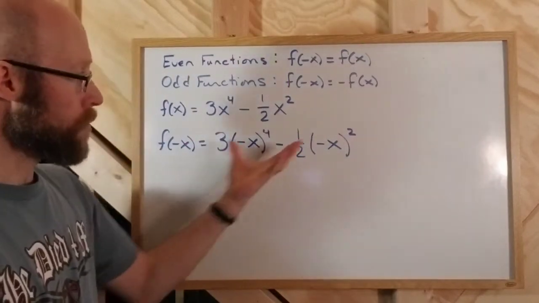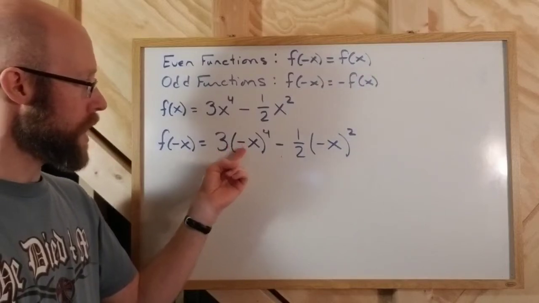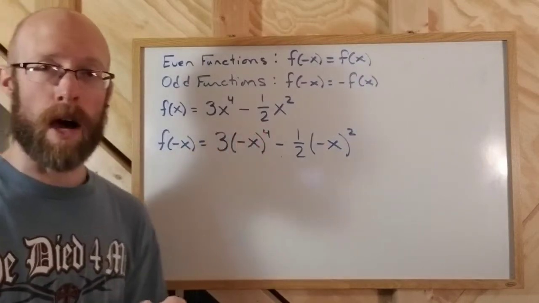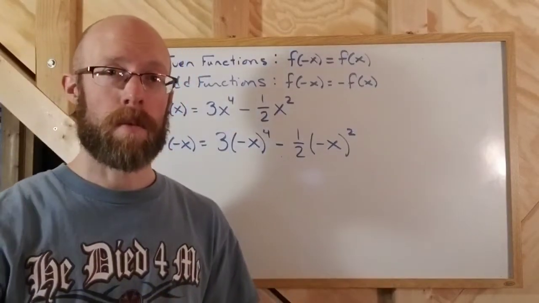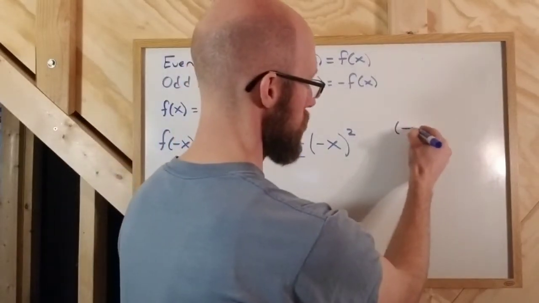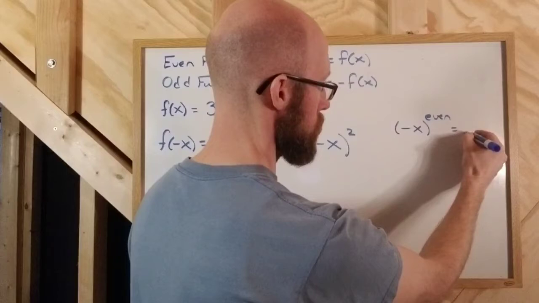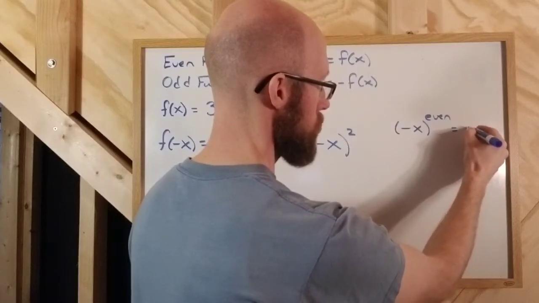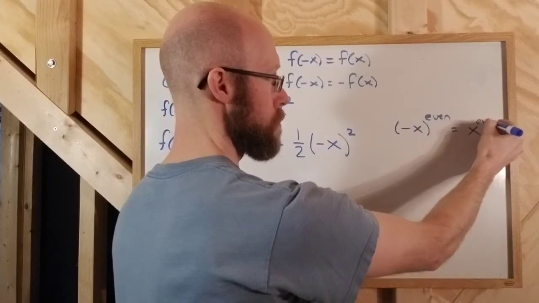Now, I'm going to simplify this. Remember that when you have a negative raised to an even power, that's always a positive number. In fact, anytime you have a negative raised to an even power, that's going to be the same as just the number without the negative raised to that same power.